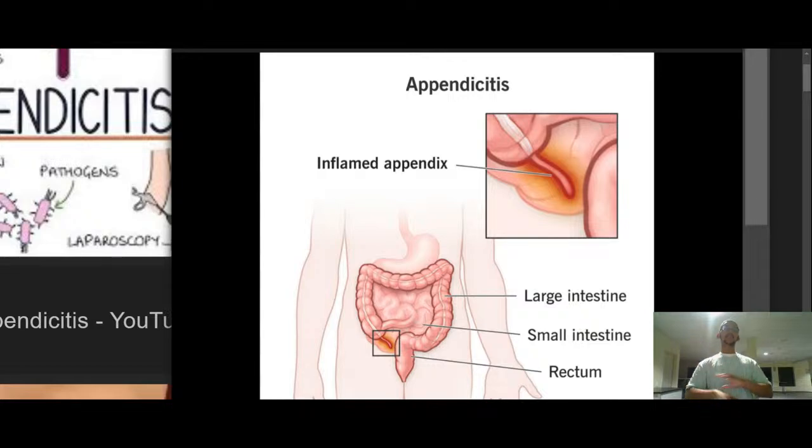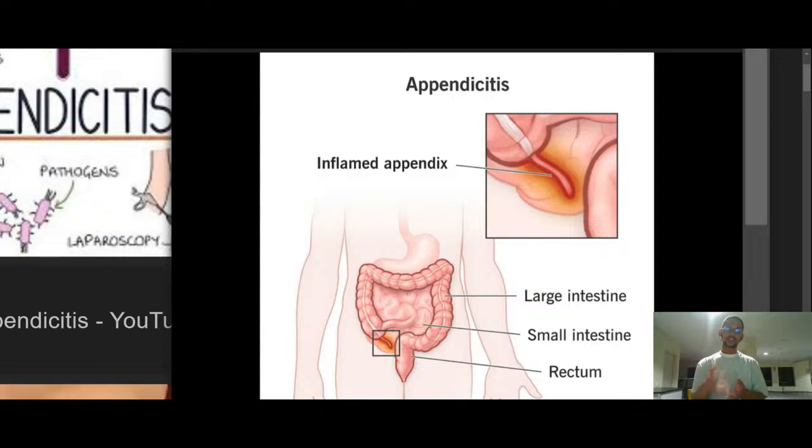Because we're busy with the intestines, in both males and females, just a general approach, it could possibly be a diverticulitis, which is inflammation in the diverticulum, the pouches of your bowel. You can get ileitis or Crohn's disease, that's inflammation in the bowel.